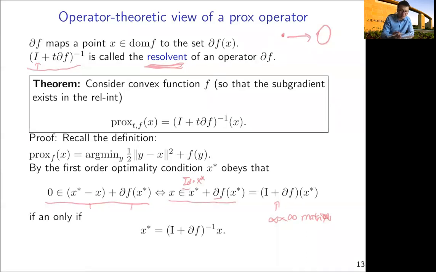The beauty of doing that is that once you go to infinite dimensions, everything becomes linear. So now this becomes linear in the function space, and you can take the inverse of it, and that recovers x star is equal to this. Okay, so that shows that the prox operator actually gives you the output of the resolvent.